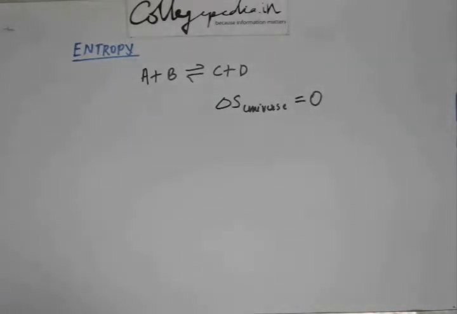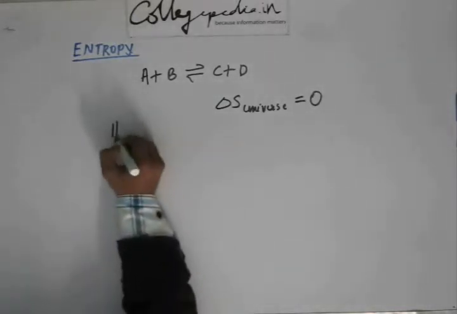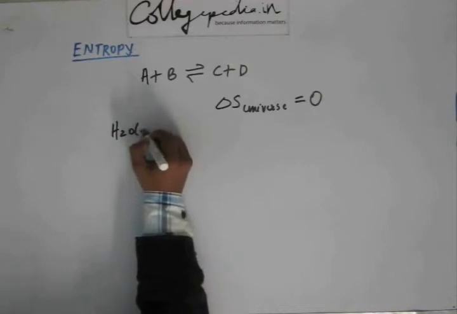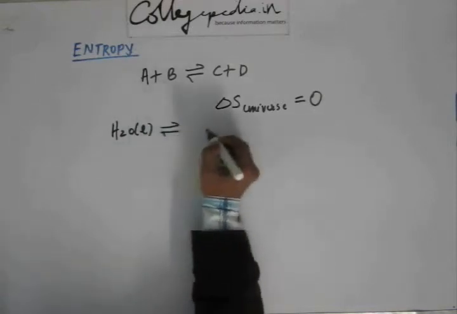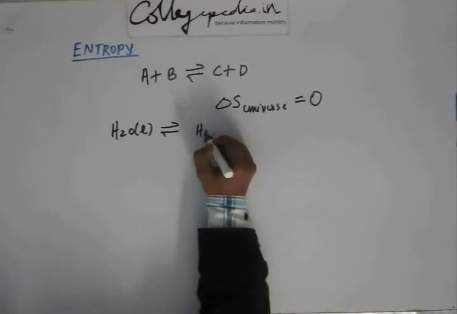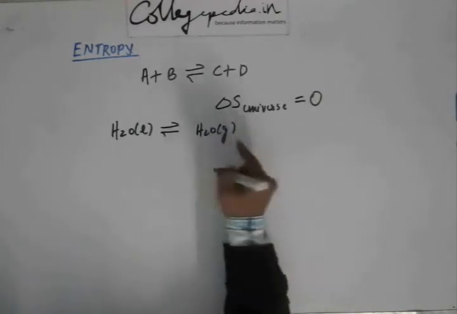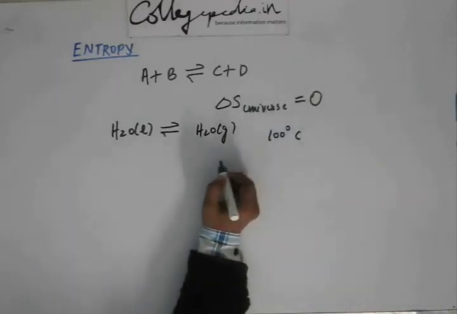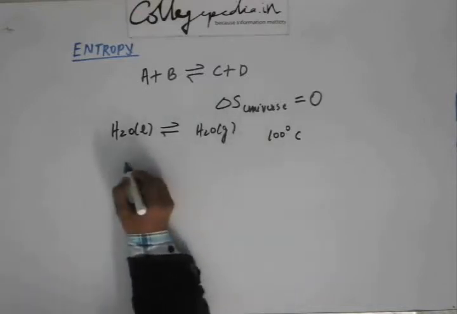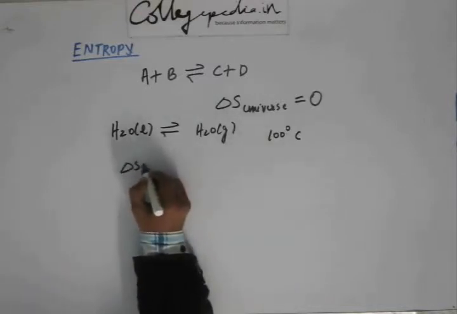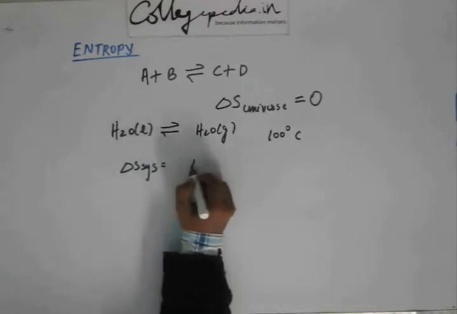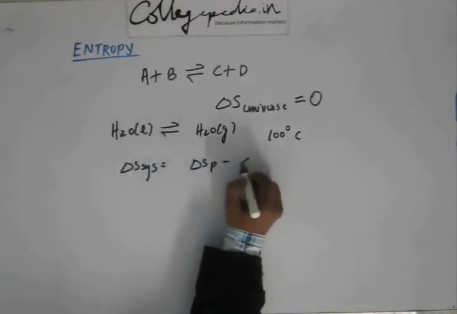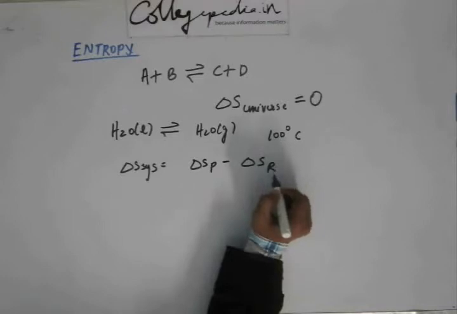Okay. Now, for example, if we have H2O liquid in equilibrium with H2O gas. Of course, this will be at 100 degrees Celsius. Now for this reaction, if I have to calculate delta S of system, then I have to just find out delta S of product minus delta S of reactant.